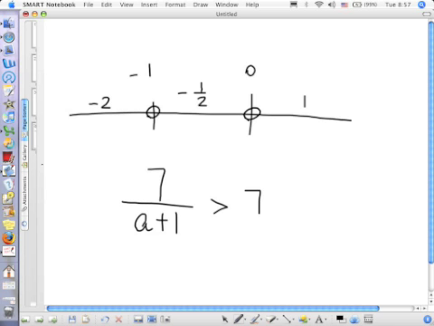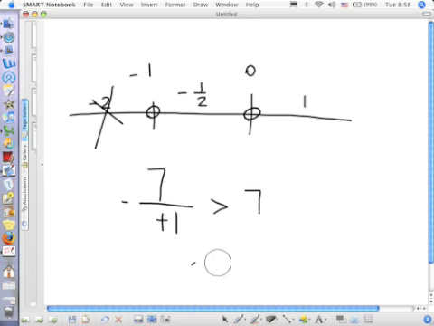If I put -2 for A, that's 7 over -1, which is -7, is greater than 7. Is that true? No.